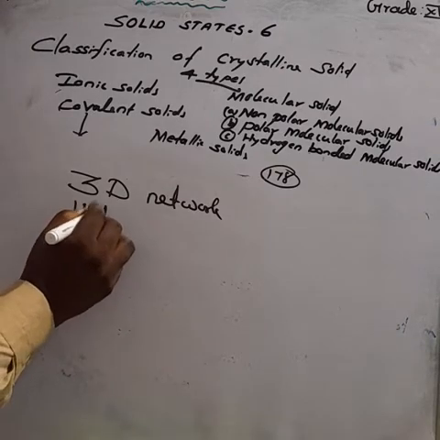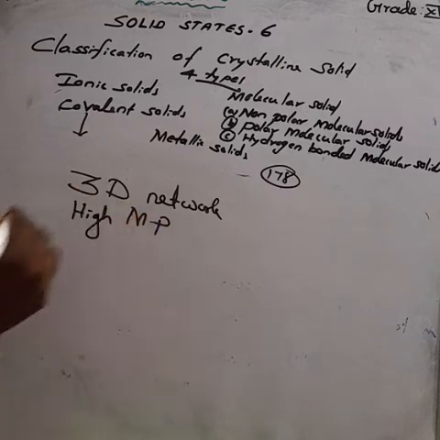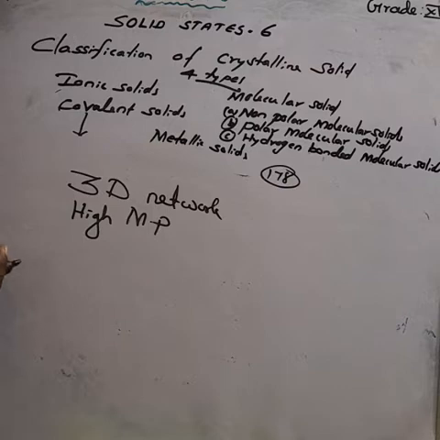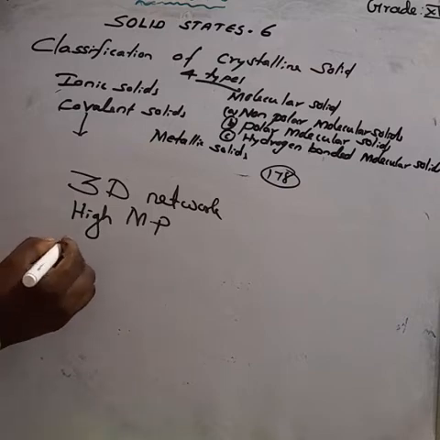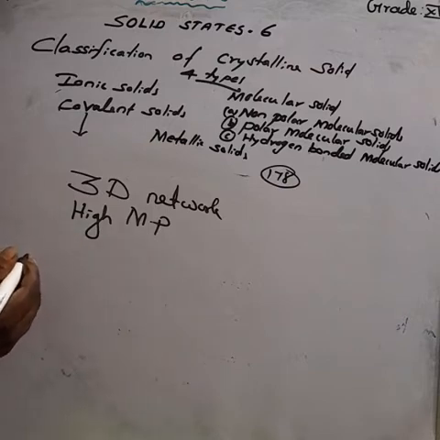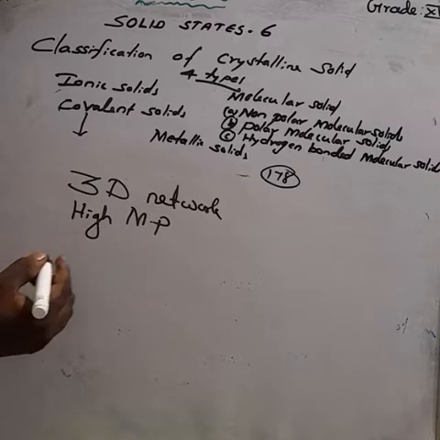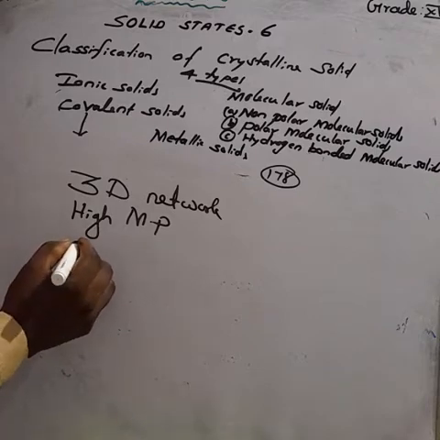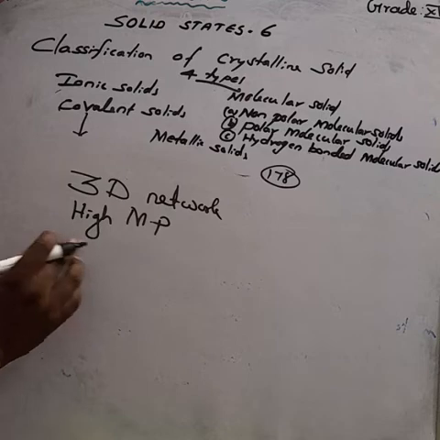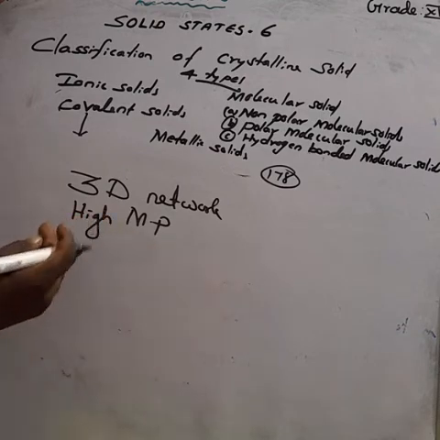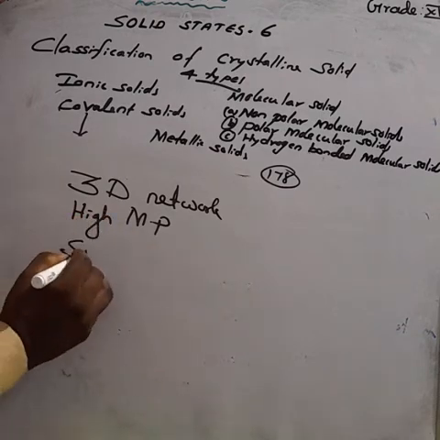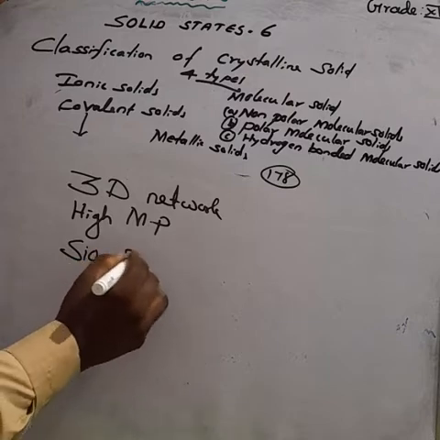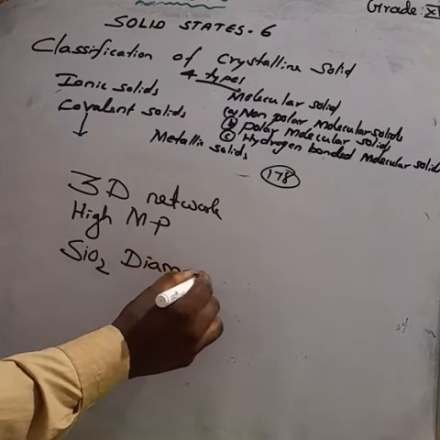They are poor thermal and electrical conductors. Some of the examples are insulators: SiO2, diamond, quartz.